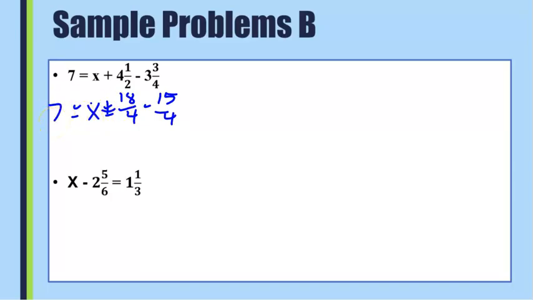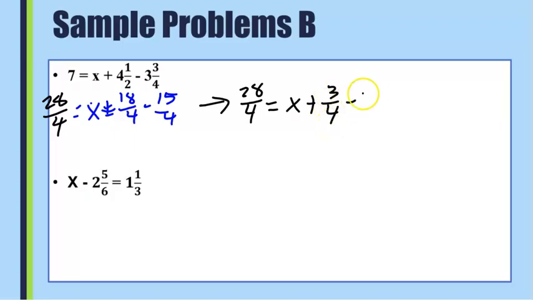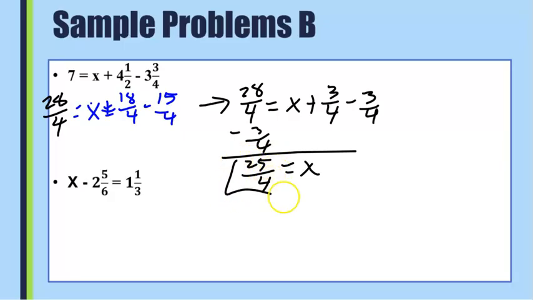But I'm going to make that into fourths, so that was 28/4. So right now I have 28/4 equaling x plus 3/4. Need to subtract 3/4 on both sides. X is now going to equal 25/4.